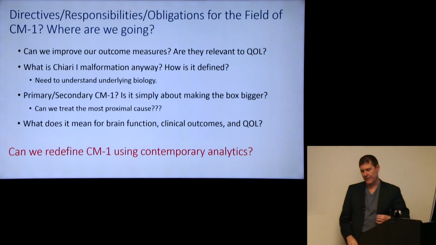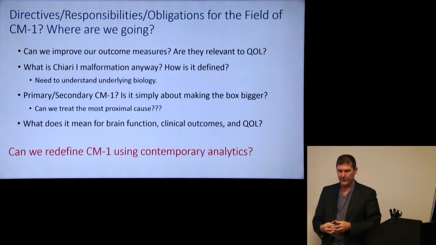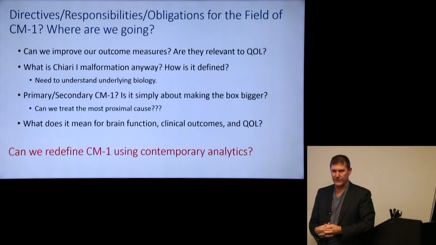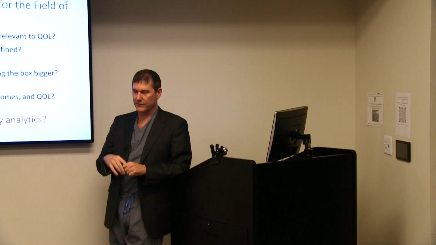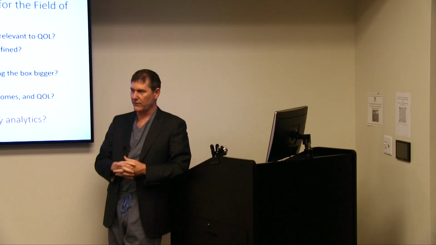And so I know that some of you in the room know that we have been studying a new way to think about Chiari malformation, getting away from even using that terminology of 1, 0.5, 1.5, and so forth, and thinking about using novel technologies, genetics, imaging, and machine learning to understand patterns in clinical presentation and clinical outcomes.